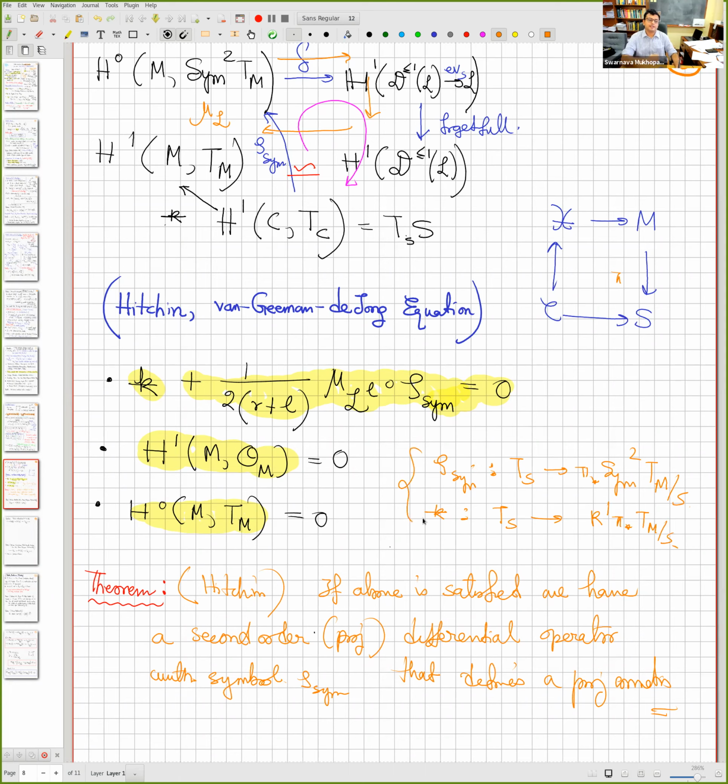You don't need all this. All you need is the existence of some line bundle on which you want to produce the connection. So this equation makes sense even in the general setup.